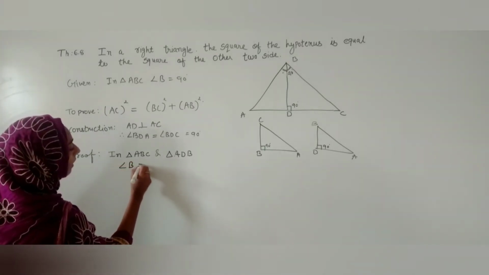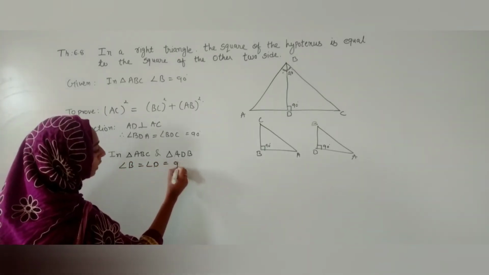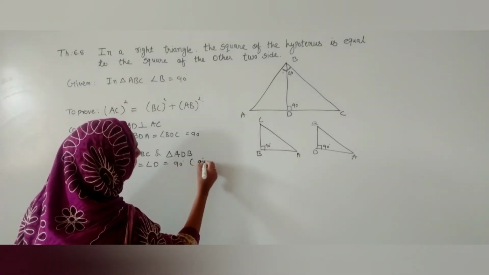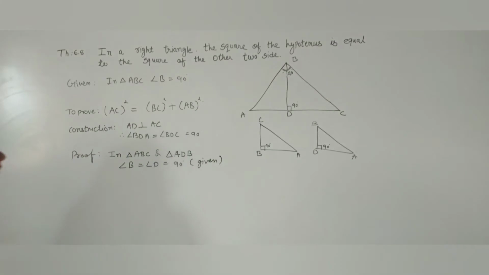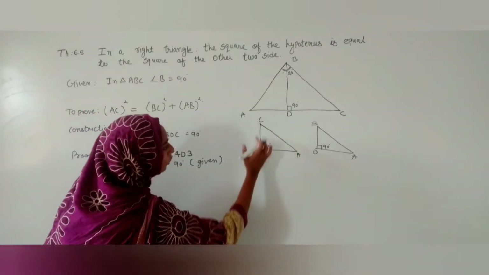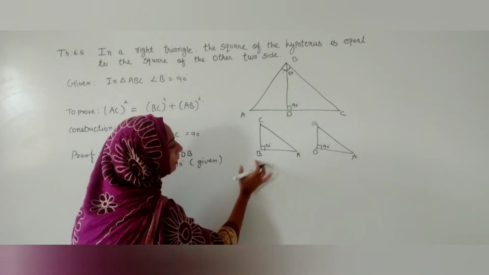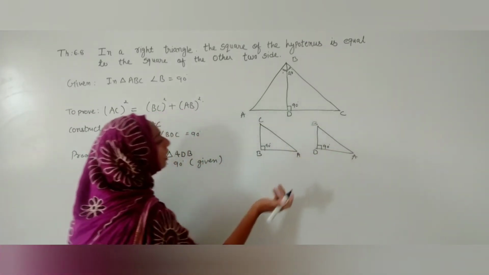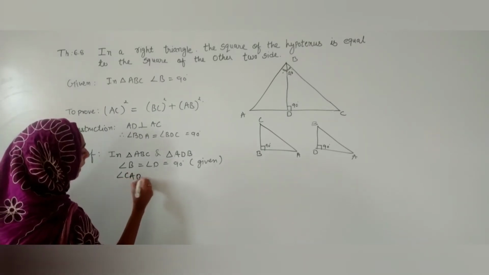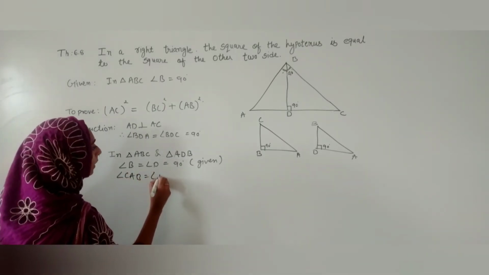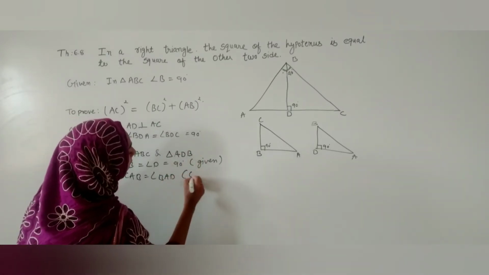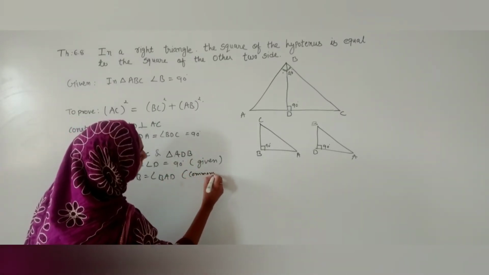Here I will write angle B is equal to angle D, and both are 90 degrees. How did we get it? One from construction and one from given, but in brackets I will write given. And if you want to mention the whole A, you will write angle CAB equals angle BAD, and in brackets we will write common.